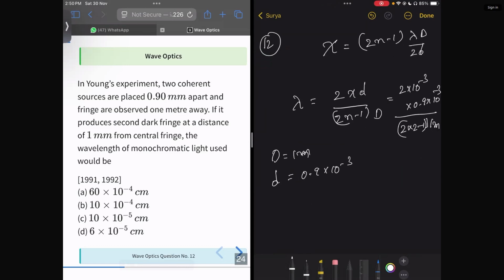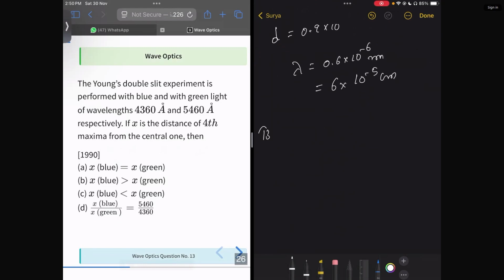If you substitute the values, you will get lambda equal to 0.6 into 10 power minus 6 meter, that is 6 into 10 power minus 5 centimeter. So option D is the right answer.